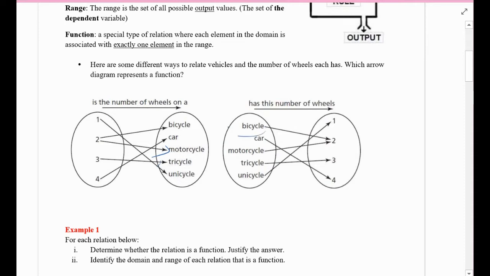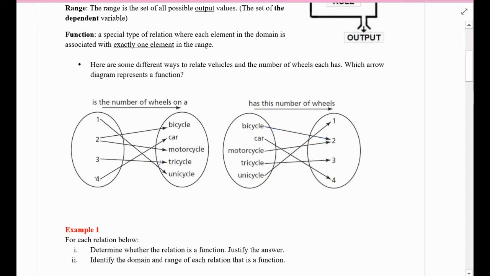Bicycle has 1 output, which is 2. Motorcycle, 2. Tricycle, 3. Unicycle has 1. As you see, each input has only 1 output.